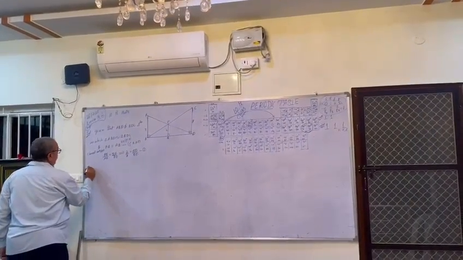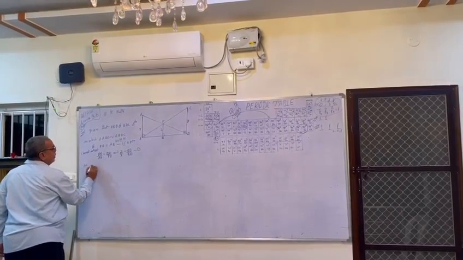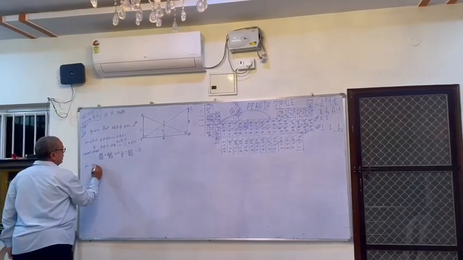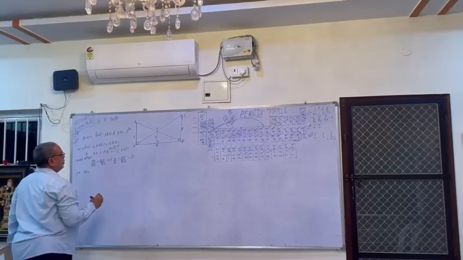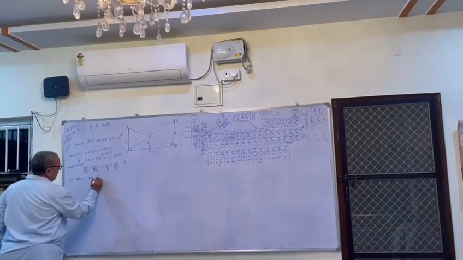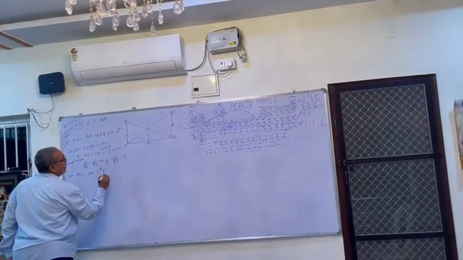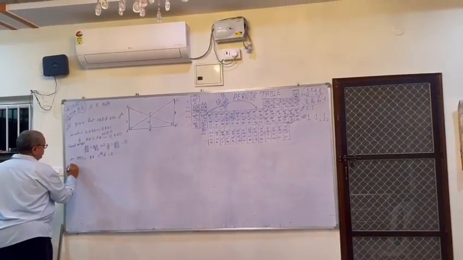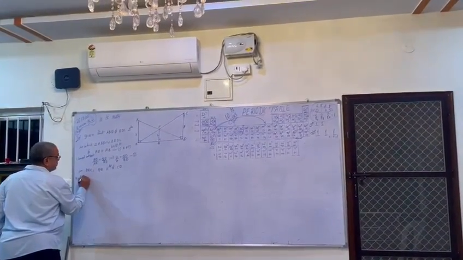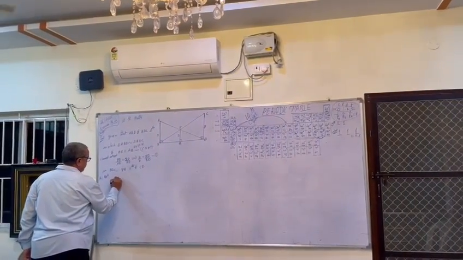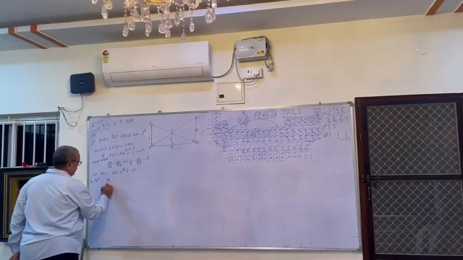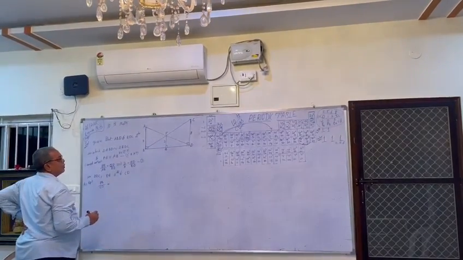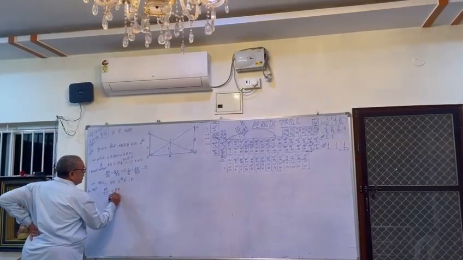Next, in BDC, PQ is parallel to CD. According to BPT, PQ by CD is equal to DQ by BD.